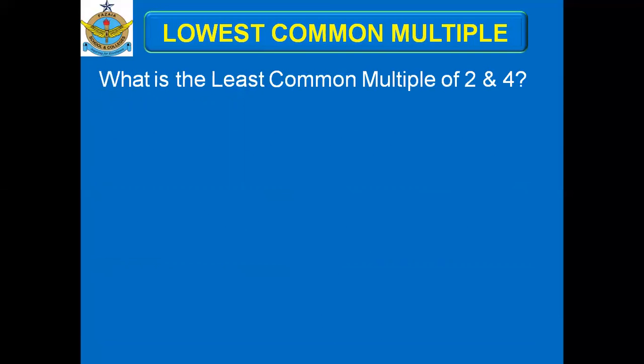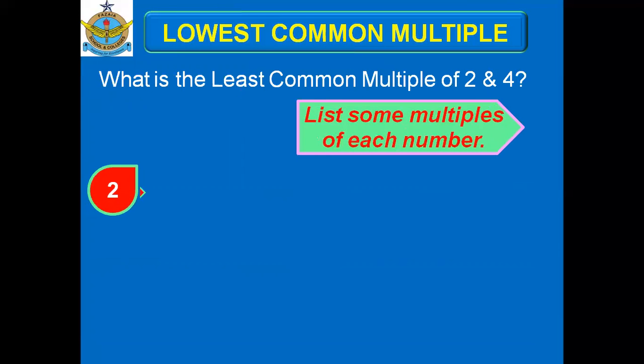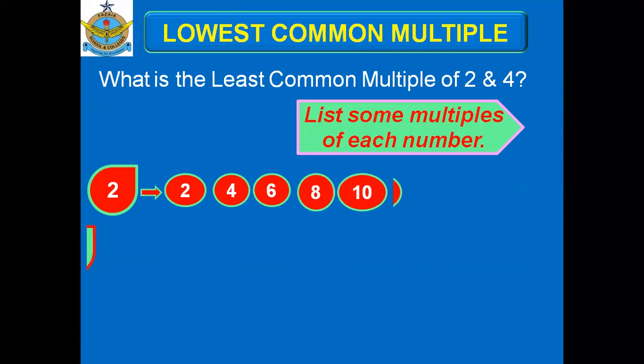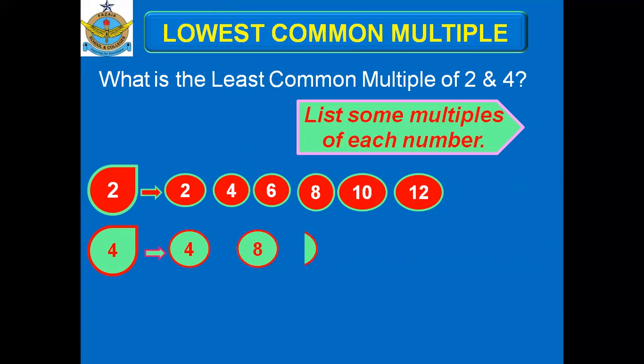Here is the question: what is the least common multiple of 2 and 4? Now I tell you how we solve this type of question. First step, list some multiples of each number. The multiples of 2 are 2, 4, 6, 8, 10, 12. The multiples of 4 are 4, 8, 12, 16, 20, 24.